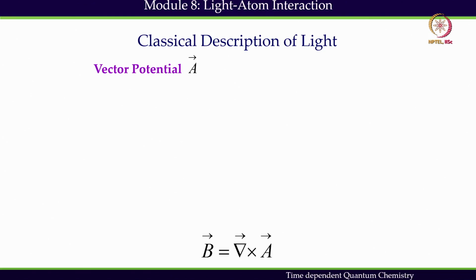Now, we already have seen one of the equations of Maxwell's equations in vacuum. So, we are basically working in vacuum. The medium is the vacuum, which is the empty space, and we are assuming that the light is propagating through the vacuum.